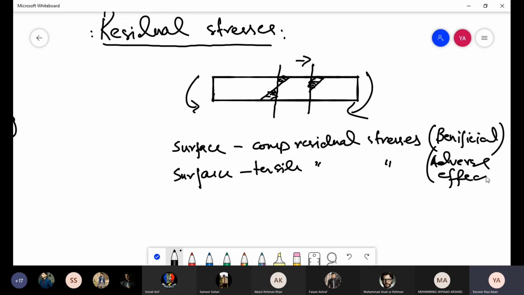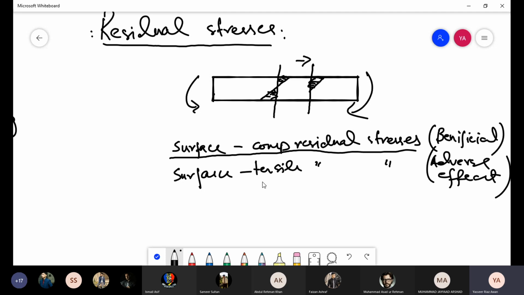So in terms of fatigue life, the miscellaneous factor Kf that you have to take depends upon the type of residual stresses that you have for that part and the loading. If the loading and residual stresses are such that the net effect is a subtraction of tensile stresses, then these are beneficial.